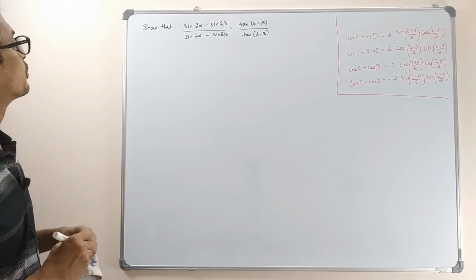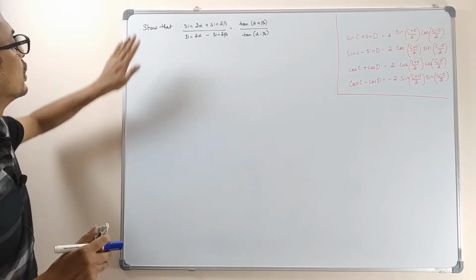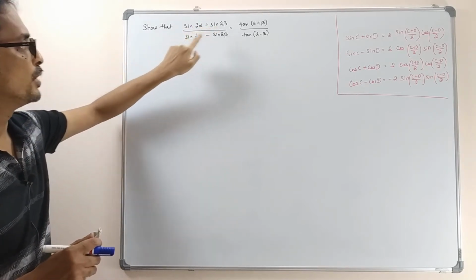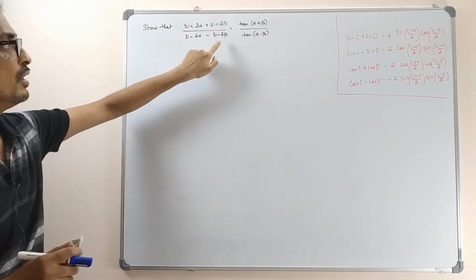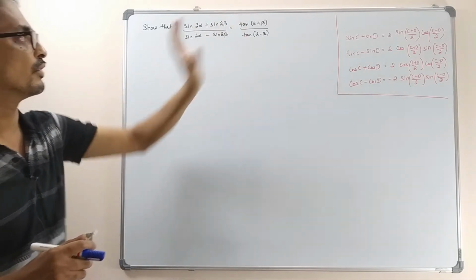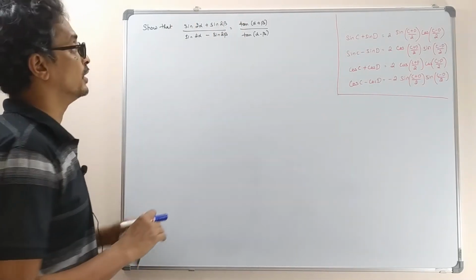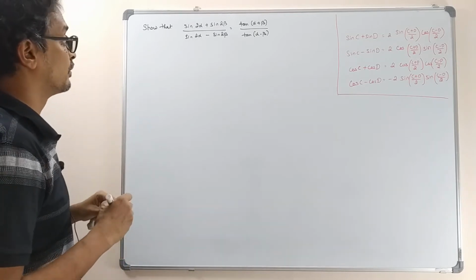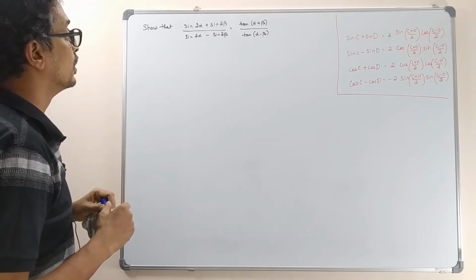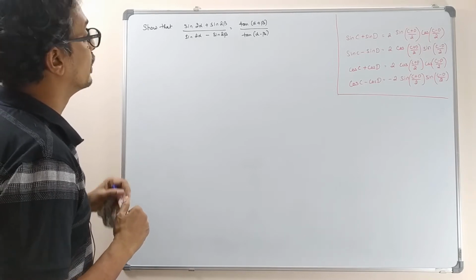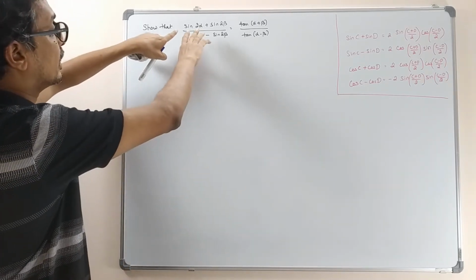So let us do this problem. Show that (sin 2α + sin 2β)/(sin 2α − sin 2β) equal to tan(α+β)/tan(α−β). What way can we use? From here itself we can guess an idea.